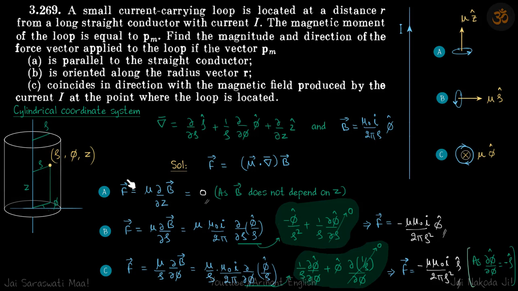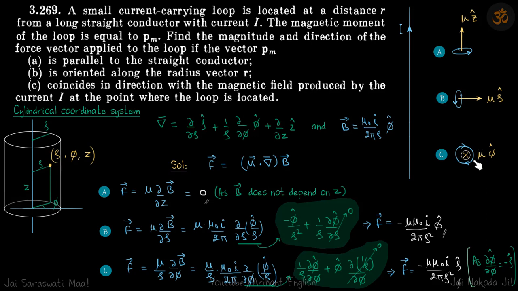If you change only the radius rho, you can see that the value of phi will not change. And if the value of phi does not change, phi cap will also not change. So dou phi cap by dou rho is 0 and you will get the result as this.